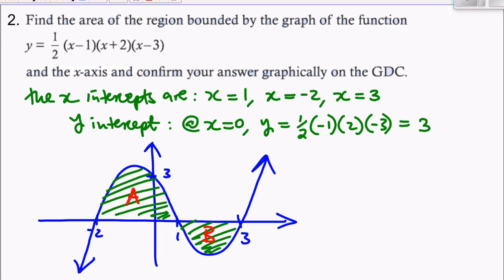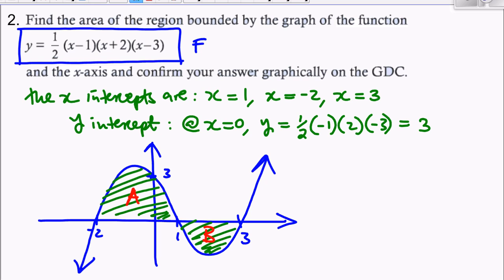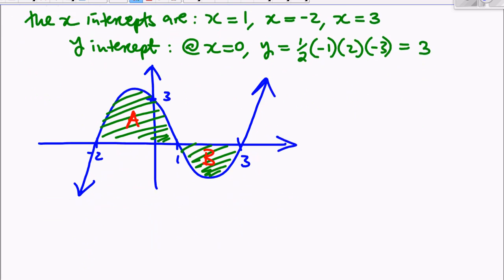So the first thing to do, before we actually start integrating this function, is to simplify it, because in this form it will be difficult to integrate. So we need to FOIL this, and that will be my first step.